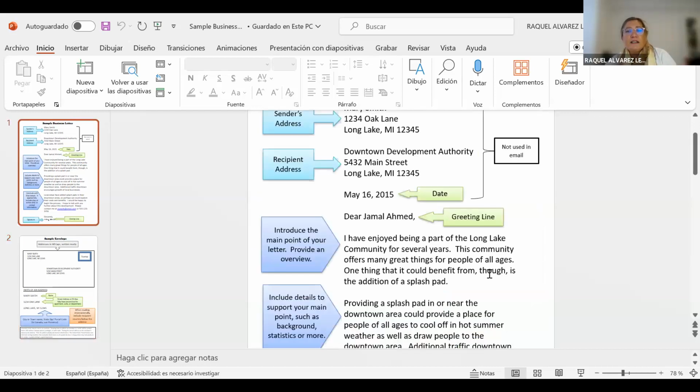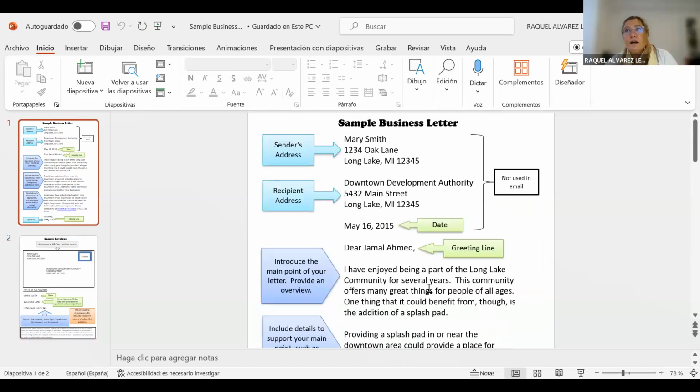So generally speaking, at the time of writing a mail or a letter, you should be formal. So it's important to follow some steps, and to know what's important to include when you are writing a mail.